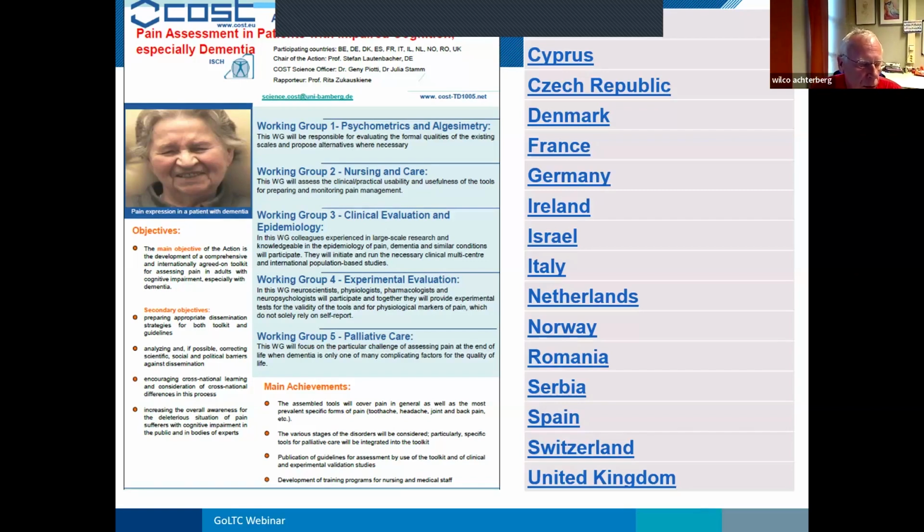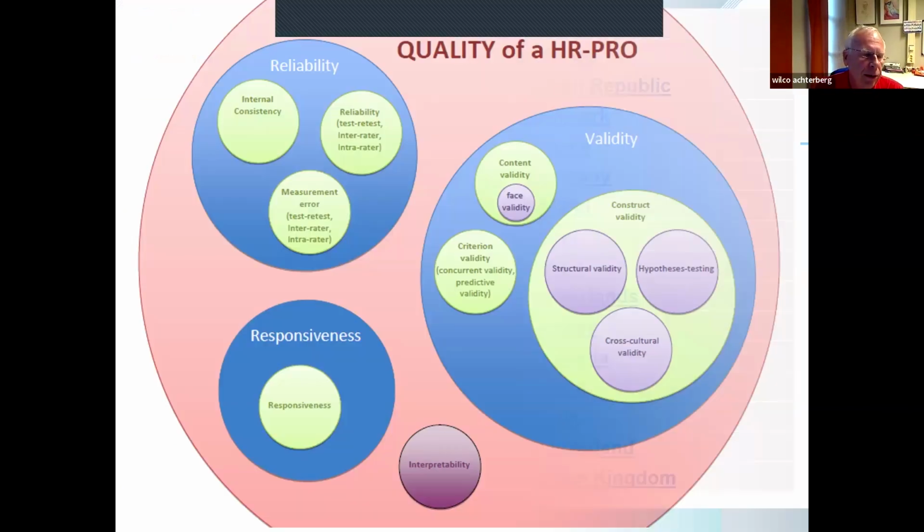We call it a meta tool. So we're going to look at all the evidence, all the evaluations of the items, and we are doing that with the criteria of the COSMIN group, which say that if you have an instrument for a health-related problem, then you should look at reliability, validity, responsiveness, and interpretability.